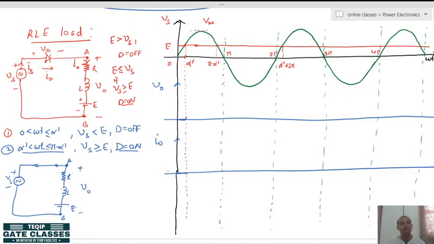Whatever instant the load comes in parallel with the source, from that instant whatever the value of the source is will be followed by the load. So at the alpha dash instant the source voltage has already reached up to this point, so the output will be like this.